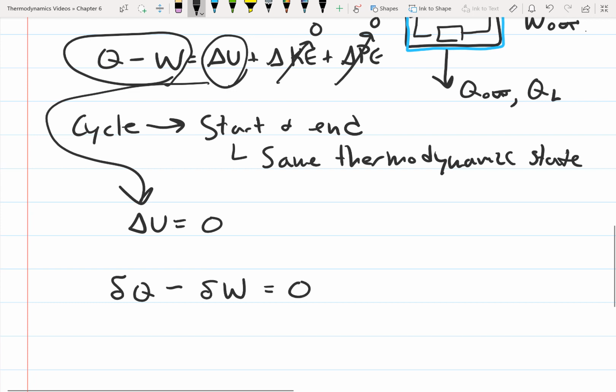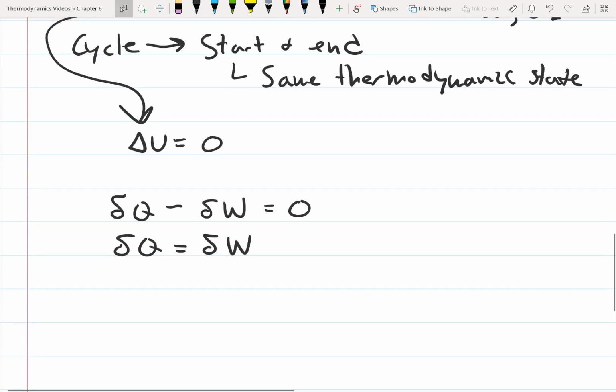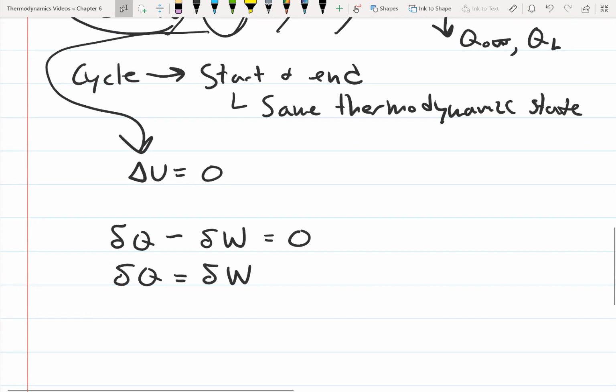So then we have delta Q is equal to delta W. This makes sense that the work would be a path function, because if work was a state function, we could never get work from a cyclic device because the work would always be 0. And so it's a good thing that the work is a path function.